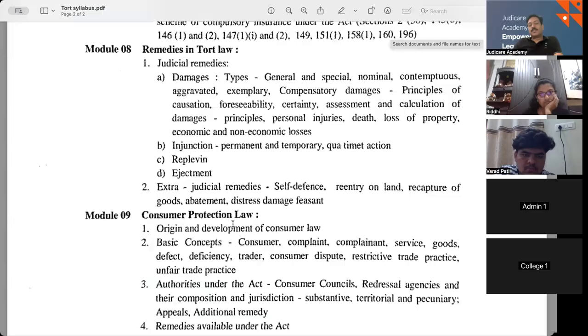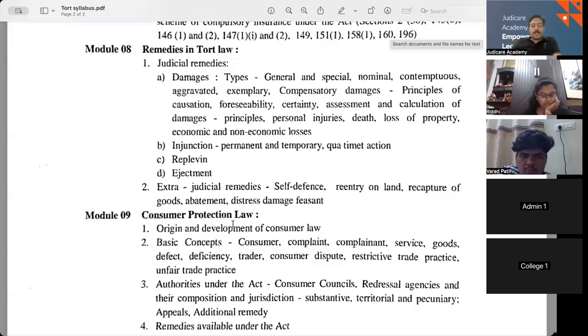It is a distress caused by his property, and to come out of that particular damage, you catch hold of his cattle, and until the compensation is met, you keep it with yourself. This is because of a distress damage which has caused the tortious activity which the plaintiff is claiming has happened.